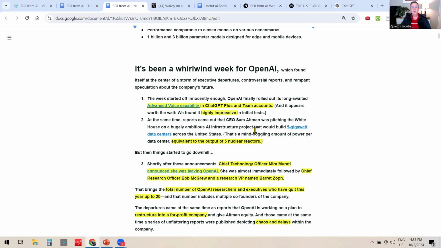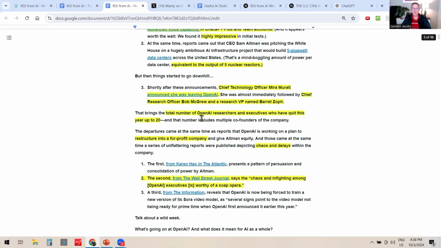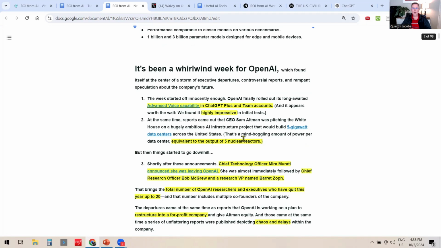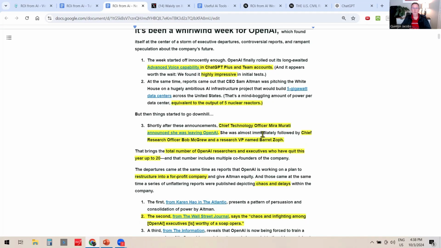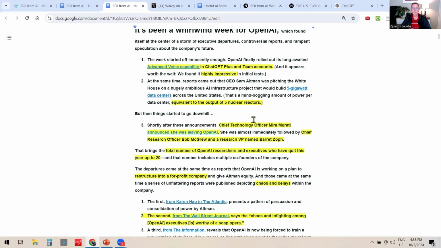They want to build 5 gigawatt data centers because they need to house all of this data, as well as have the energy for the power and the electricity. So they're saying they need the equivalent of the output of 5 nuclear reactors, just for themselves. So it's a huge amount of power that these things are consuming.